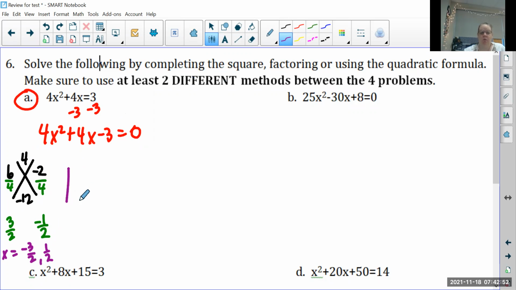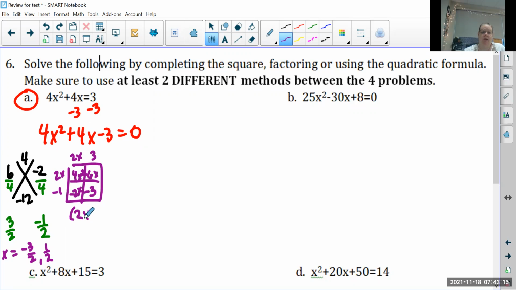You could also do, like I said, the reverse box. You would have 4x squared here and negative 3 here, and these two need to add up to 4x. If you do it that way, you would need a 2x here, a 2x here, a negative 1 and a 3. That would give you 2x times 3 would give you 6x, 2x times negative 1 would give you negative 2x, and that adds up to 4.